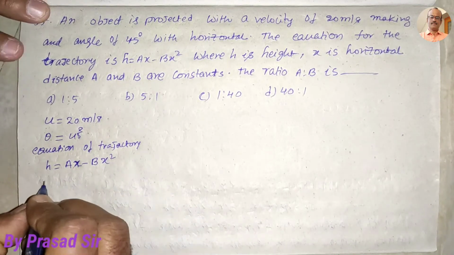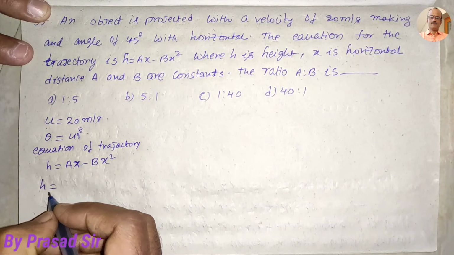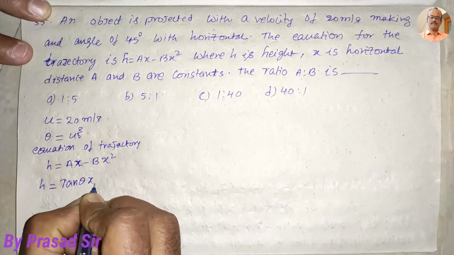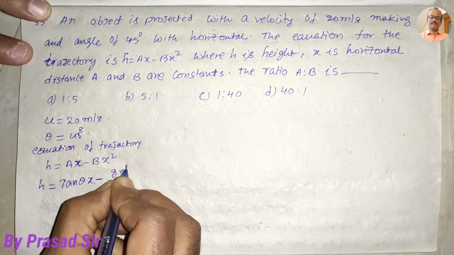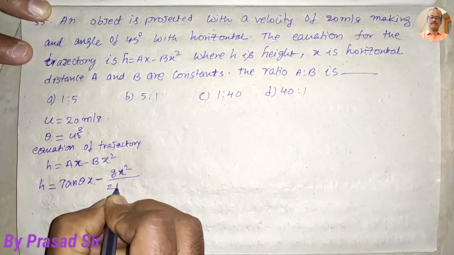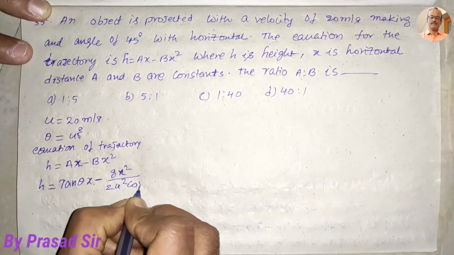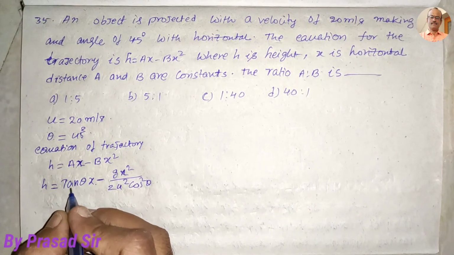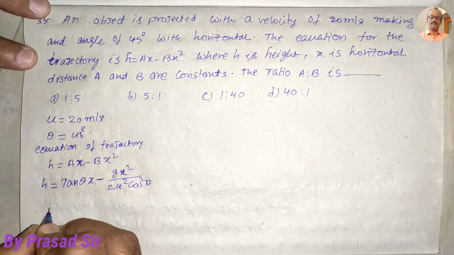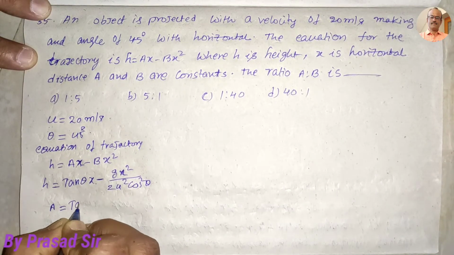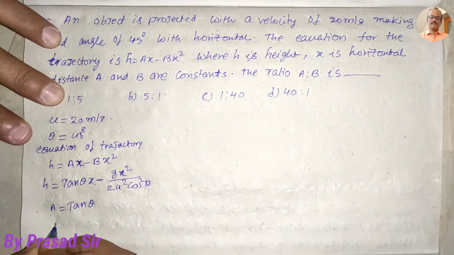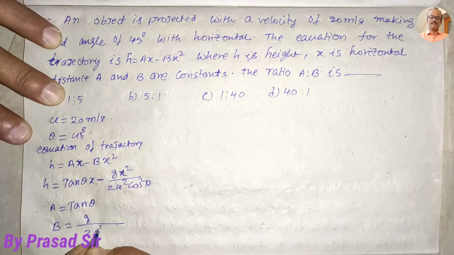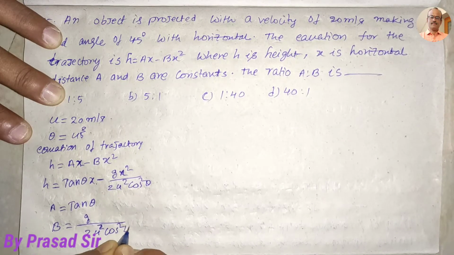We have to compare this equation with the equation of trajectory, h is equal to tan theta into x minus gx² divided by 2u² cos² theta. Comparing these two equations, a is equal to tan theta and b is equal to g divided by 2u² cos² theta.